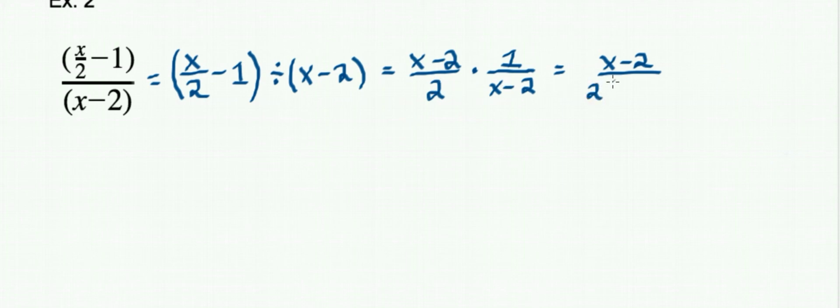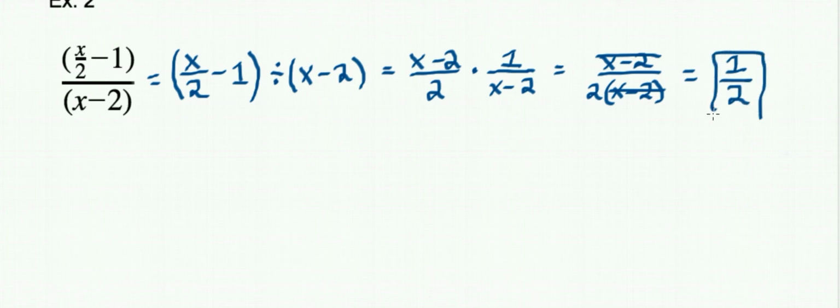And then I see that x minus 2 on the top is going to cancel with x minus 2 on the bottom, and I'm just going to be left with 1 half. Now, almost done, but we need to just consider that we lost this factor of x minus 2. And no division by 0, so we say we're not going to let x be positive 2.